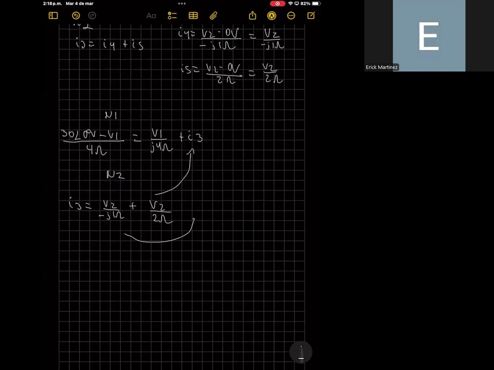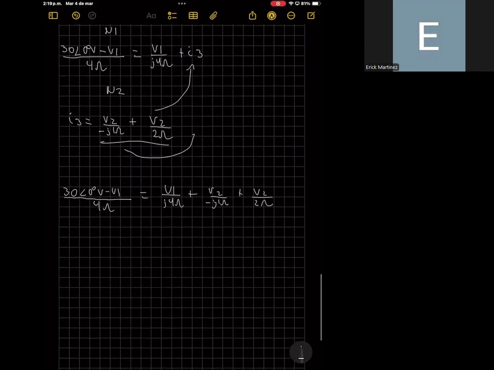So 30 with an angle of 0 degrees volts minus V1, all divided by 4 ohms, is equal to V1 divided by j 4 ohms plus I3, where I3 is V2 divided by minus j 1 ohm plus V2 divided by 2 ohms.